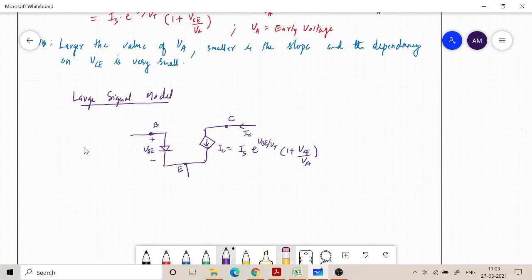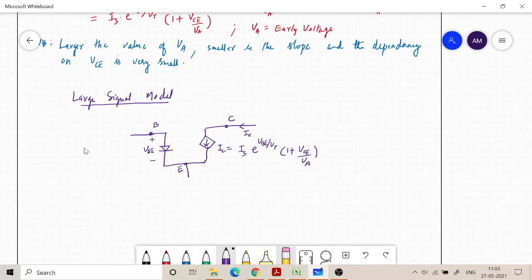Now you can see that this dependent current source depends on both VBE and VCE. Earlier it was not depending upon VCE, but now because the collector current expression is modified, we have a current source which depends upon two voltages, VBE as well as VCE. This is going to be our large signal model, and this quite reasonably models all the characteristics that we have seen so far.